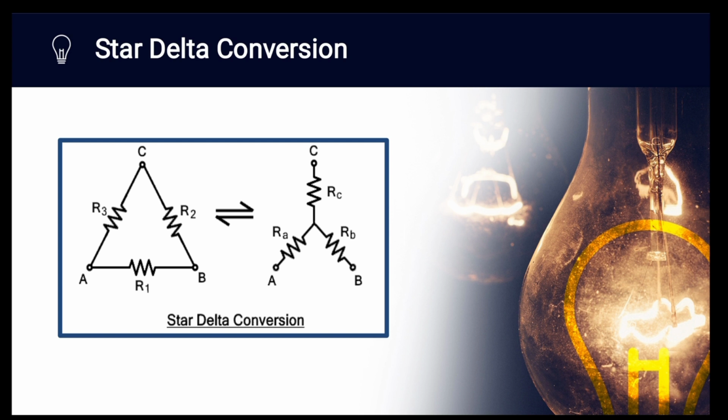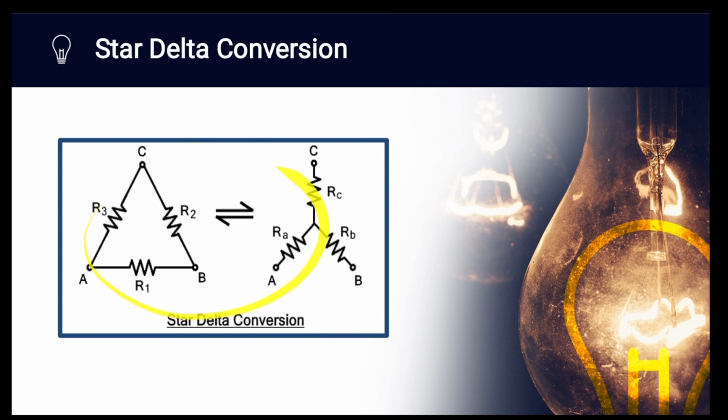Now let us see what star-delta conversion is. If a given network is in star and you want to convert it into delta to find the values easily, then we use star-delta conversion. Suppose we take a star connection with R1 between AB, R2 between BC, and R3 between AC.